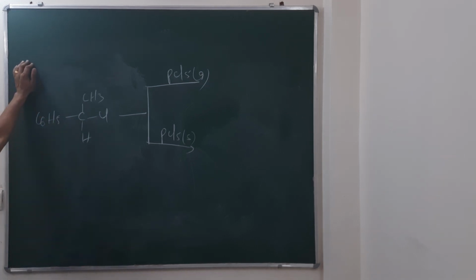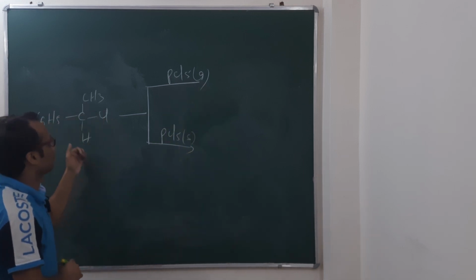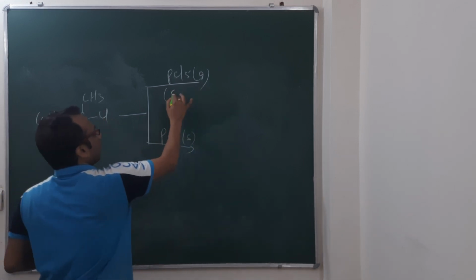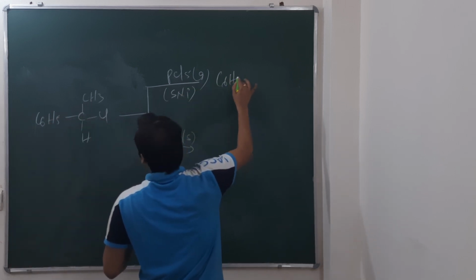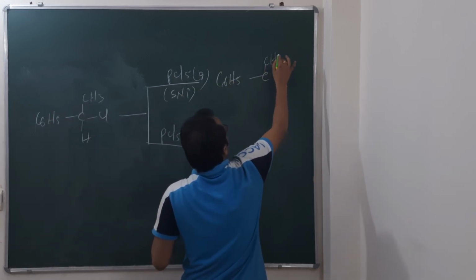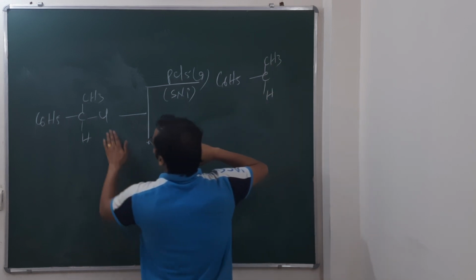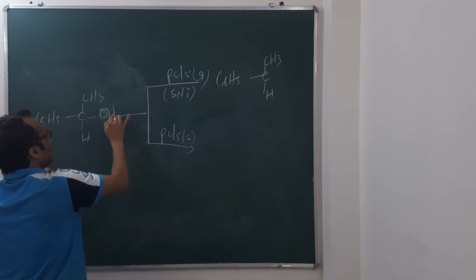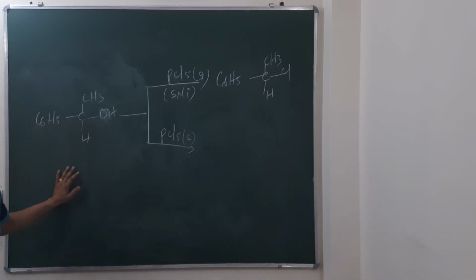See, student, what product will be formed? See, the gas phase we have taken, so directly the SN1 mechanism will be involved. So through SN1, what will happen? C6H5, C, CH3, H, and OH. Cl will form. Correct?